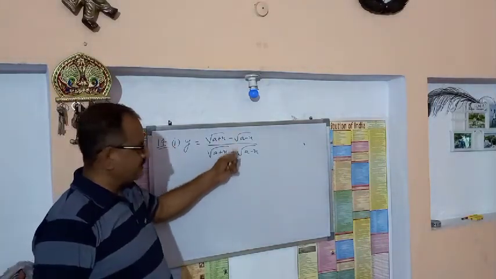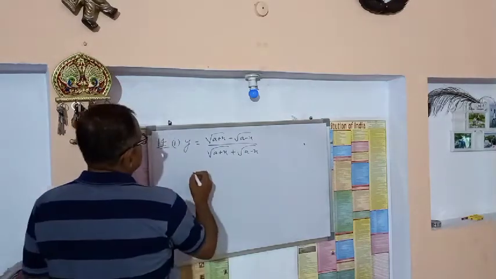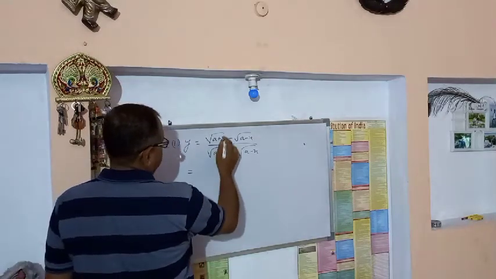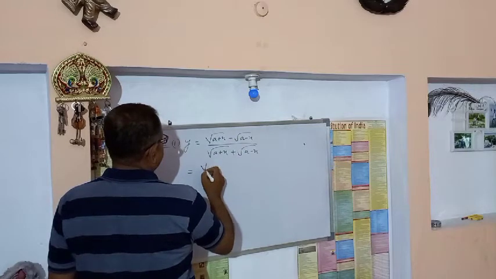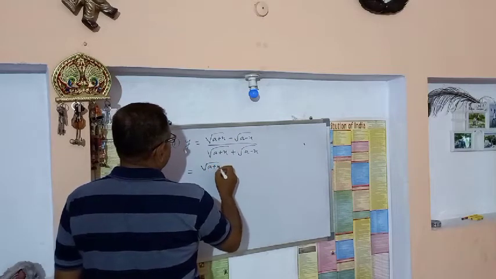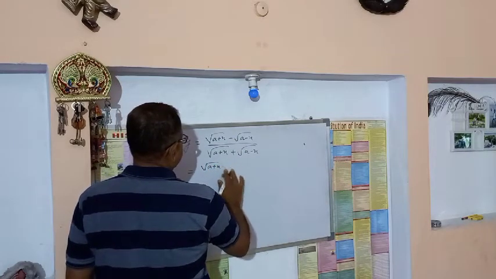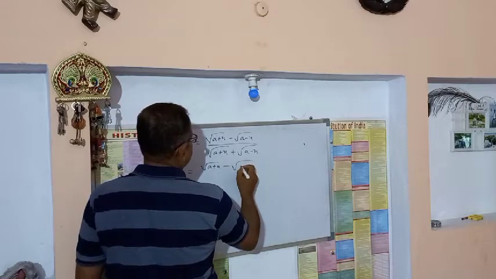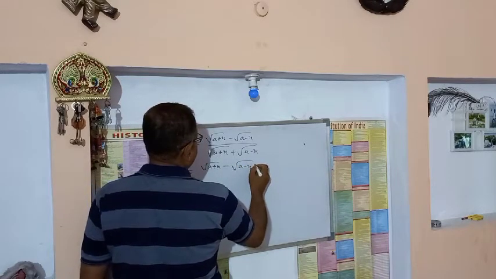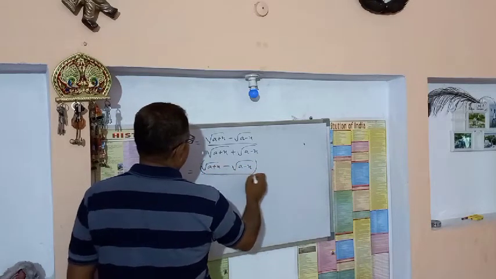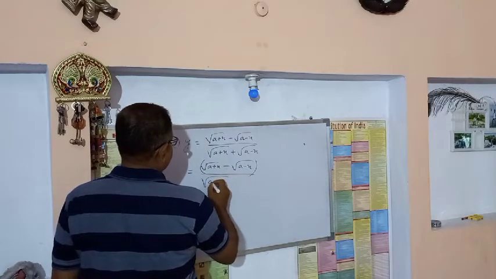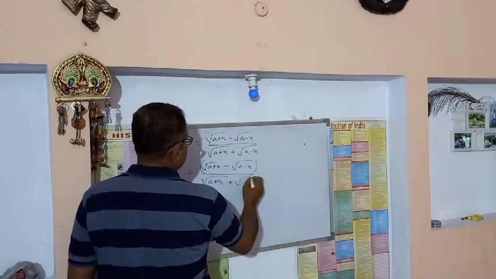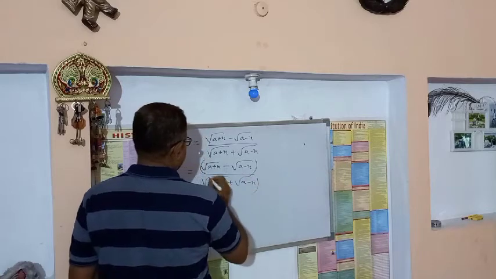Firstly, rationalize it. Multiply numerator and denominator by root a plus x minus root a minus x upon root a plus x plus root a minus x.